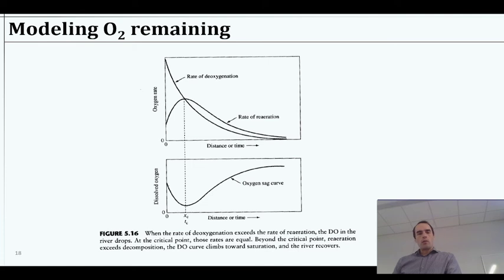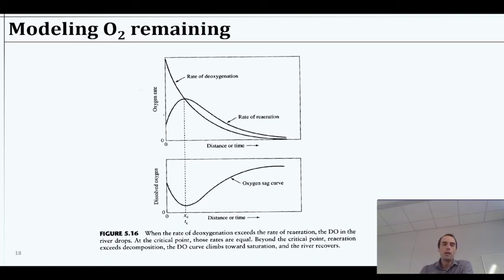So that's just going to drop like I drew the TOC. The rate of deoxygenation is going to follow essentially the same path that the organic matter, the food, is going to follow, so there's almost no deoxygenation here at the end. And then the rate of reaeration is going to be essentially the inverse of the actual oxygen profile.